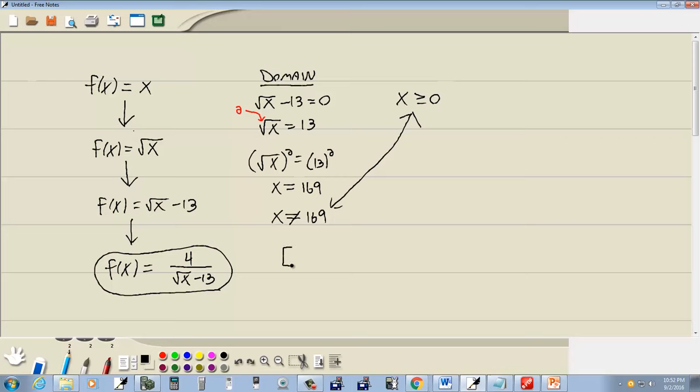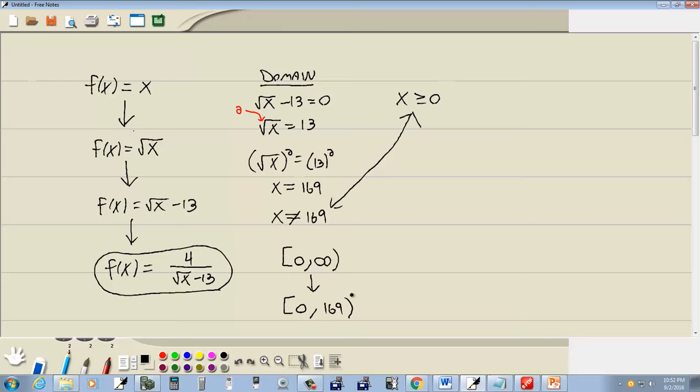So we're going to start off. We got this right here. This is x is greater than or equal to 0. We got 0, comma, infinity, and we got a bracket there. Now we want to exclude the 169. So we're going to transform this. We'll go from 0 up to 169, and I'll put parentheses on 169.